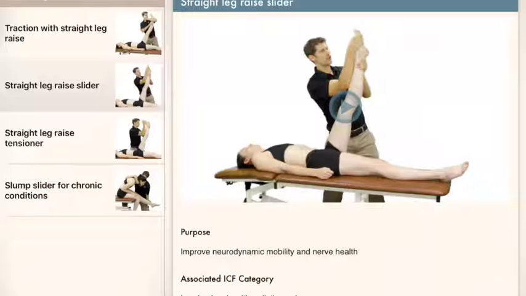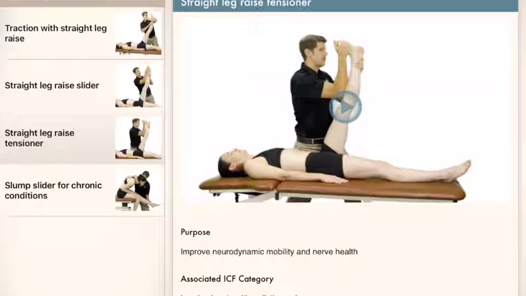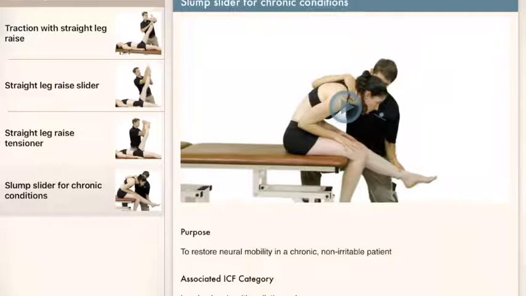Because there's very little strain on the irritable tissue. And eventually, as the patients improve, you can move into straight leg raise tensioners, right? Give them a little bit more end range. And finally, slump sliders. This works quite well also because we've opened the foramina, right? The lumbar spine is flexed, which is their relief position, their ease position, and I'm adding some nerve mobility.